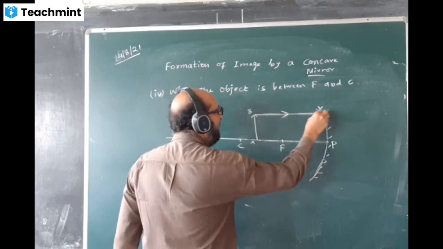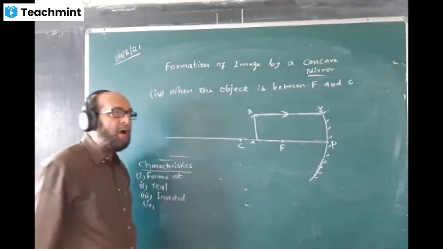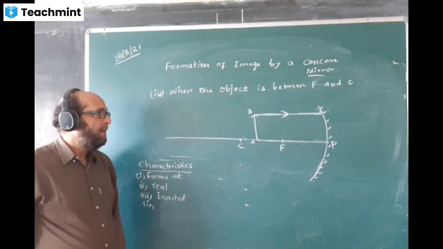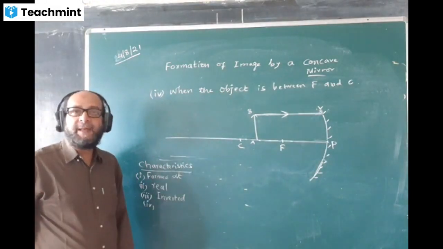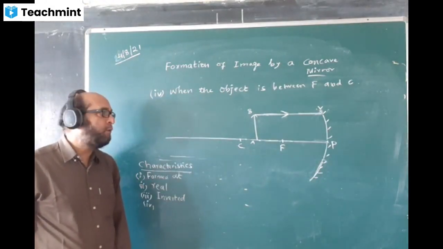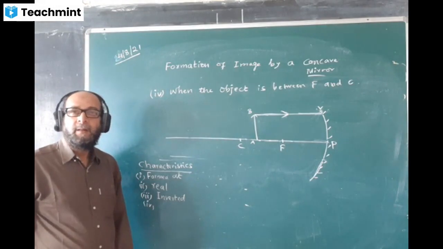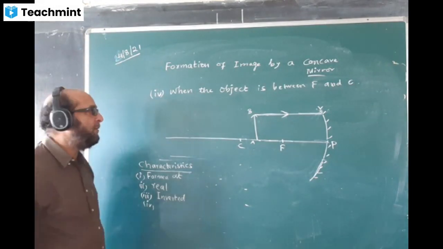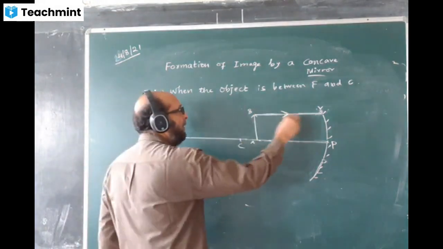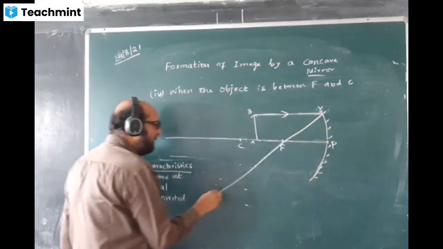Where will the ray pass through after reflection? This ray, first ray you always take parallel to the principal axis. Where will it pass through? Tell me. Sir, through F. Through F. Good. From here, this ray will pass through F.